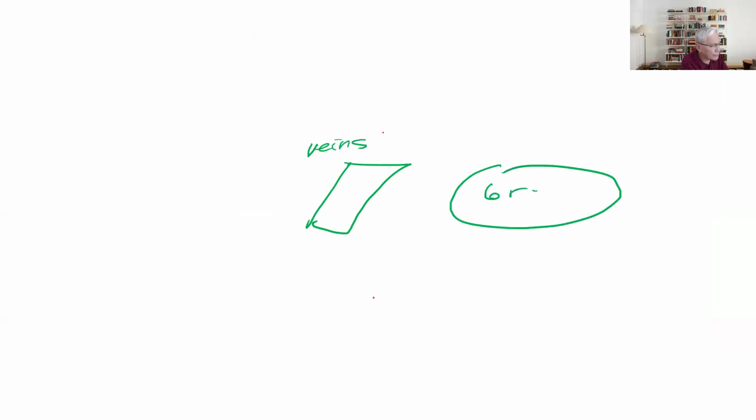Let me illustrate why that would be. Supposing that this is your blood vessels, and this is your brain. It was before something like this.